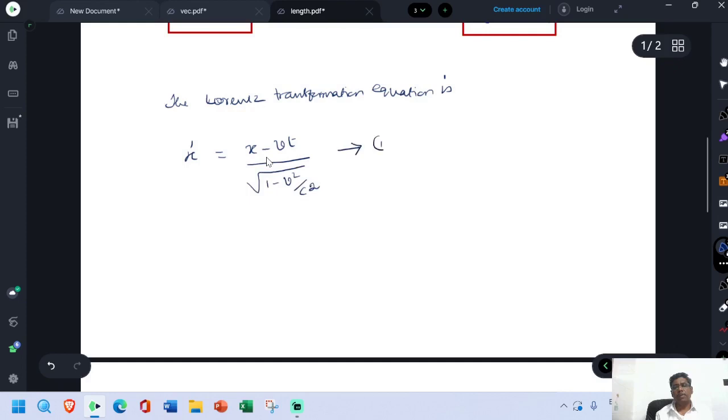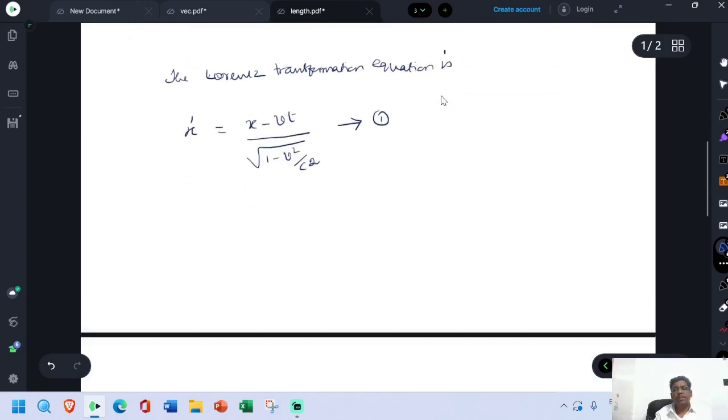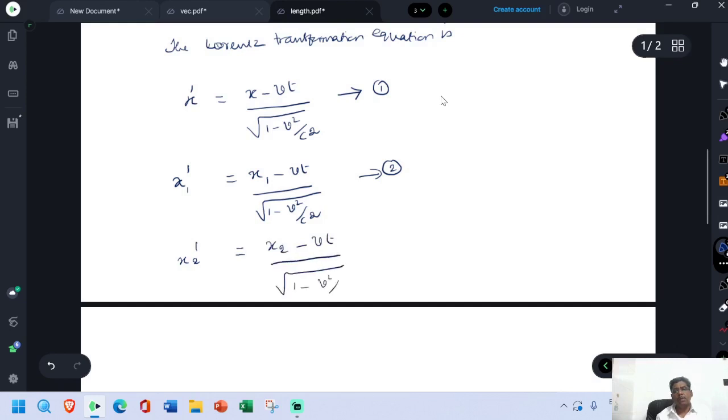Keep this as equation 1. Using this equation, we have to develop the equations for x1 dash and x2 dash. x1 dash equal to x1 minus Vt divided by root of 1 minus V square by C square. This is equation 2. Then x2 dash equal to x2 minus Vt divided by root of 1 minus V square by C square. This is equation 3.